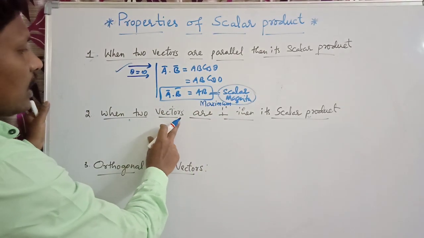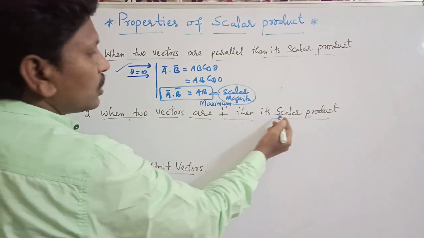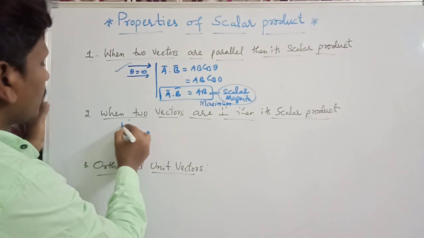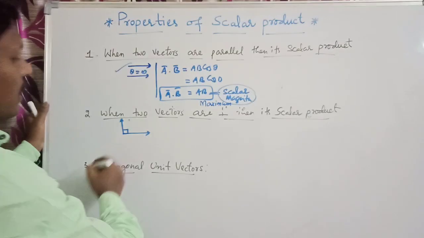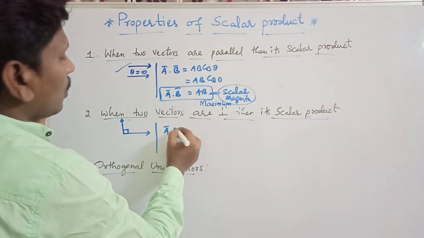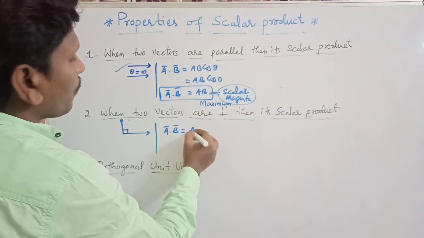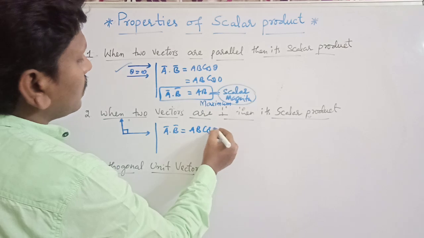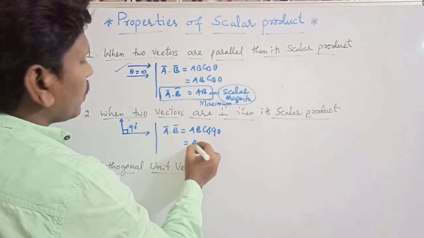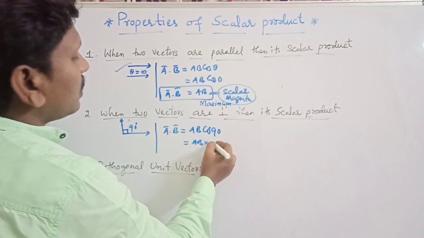And when two vectors are perpendicular, then its scalar product is what? Okay, so two vectors are there. Perpendicular is nothing but 90 degrees. From this we can understand a bar dot b bar is equal to ab cos 90. Theta is equal to 90. So ab cos 90 is what? 0.